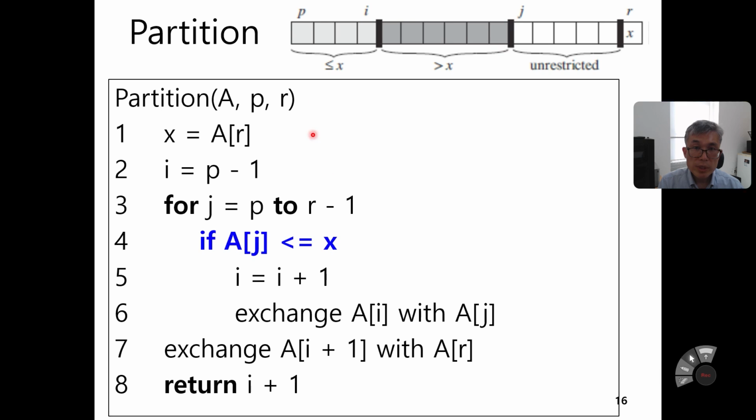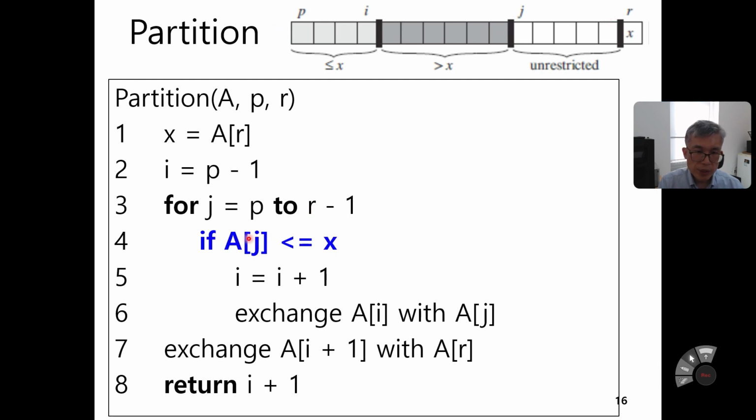So we start J at P. This is because the items from the first through the one before the pivot are not sorted. They are unrestricted elements, right? So we increase J from P through R minus 1.